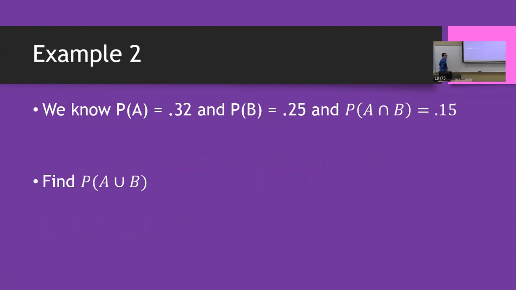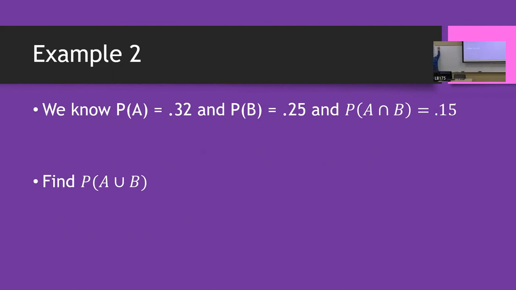Let's say we're in some other experiment. I don't even care what it is. Doesn't have to be picking of cards, doesn't have to be rolling of dice. It can be anything. Doesn't have to be picking people with blonde hair and brown eyes or anything like that. It can be any experiment.